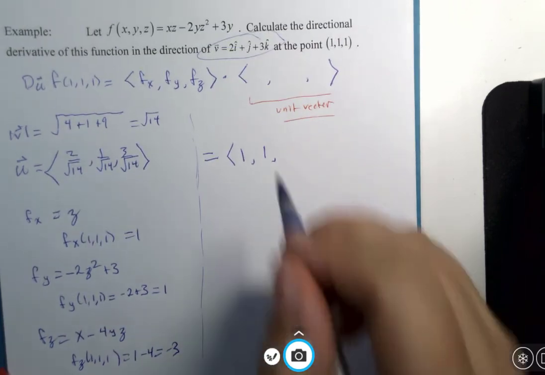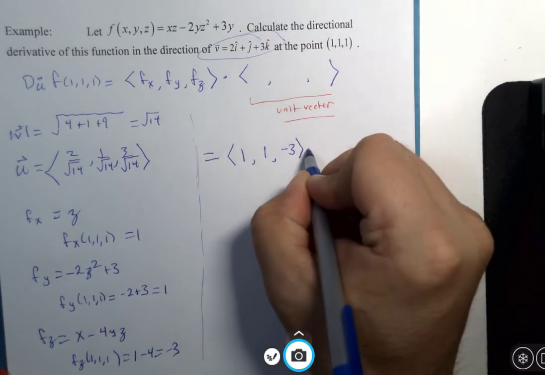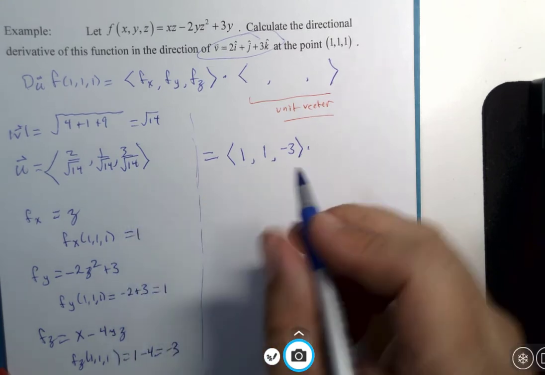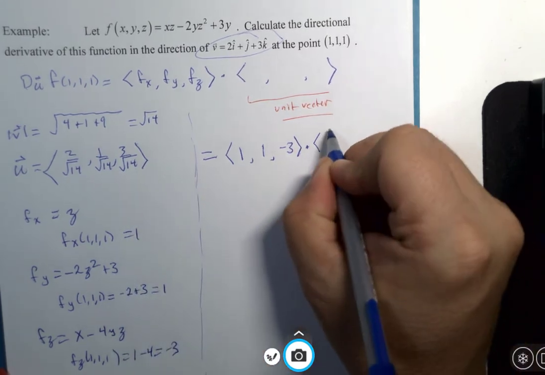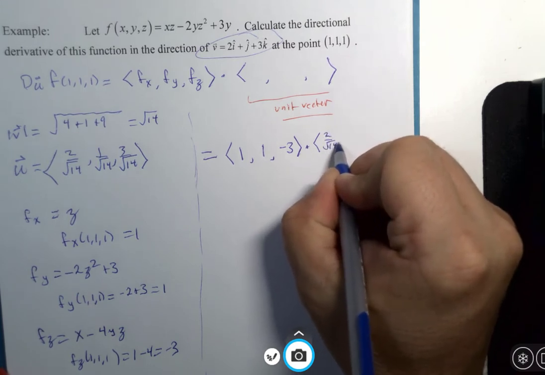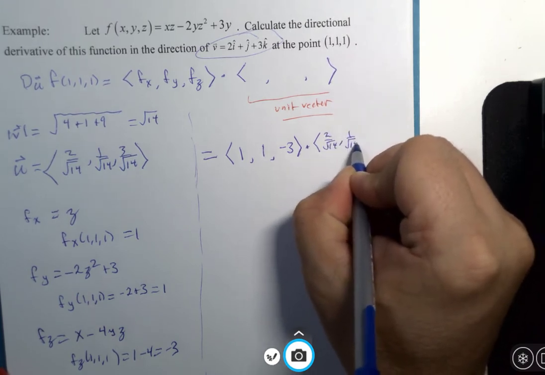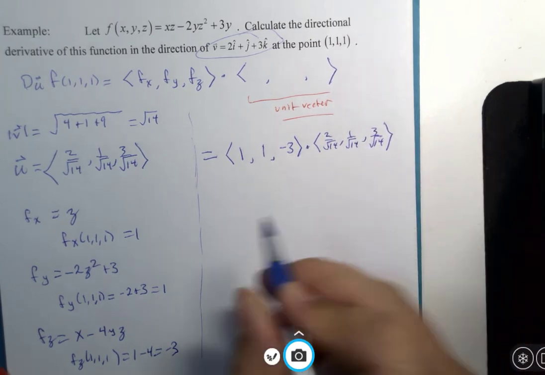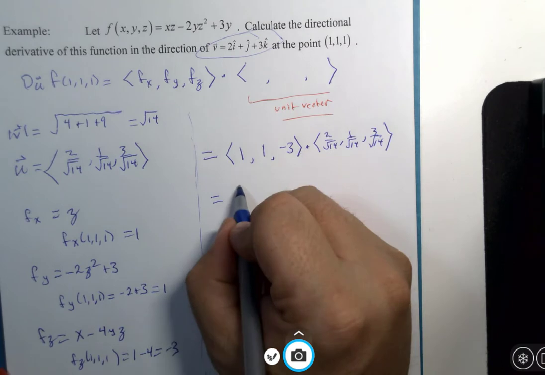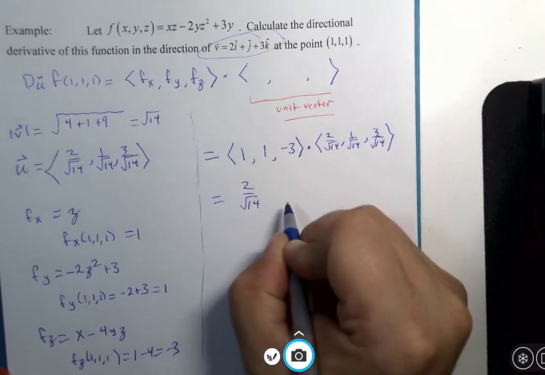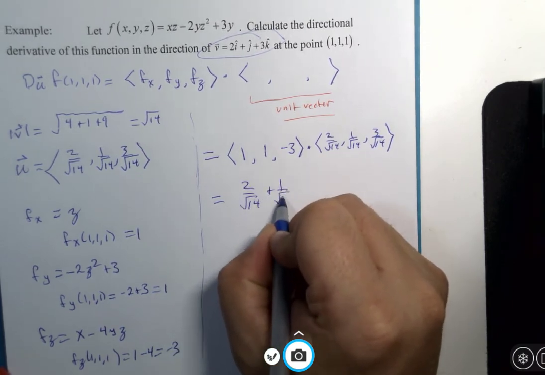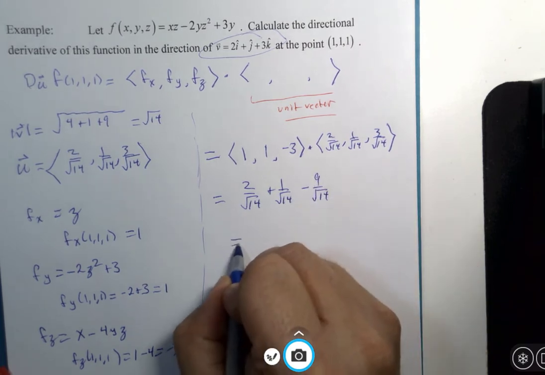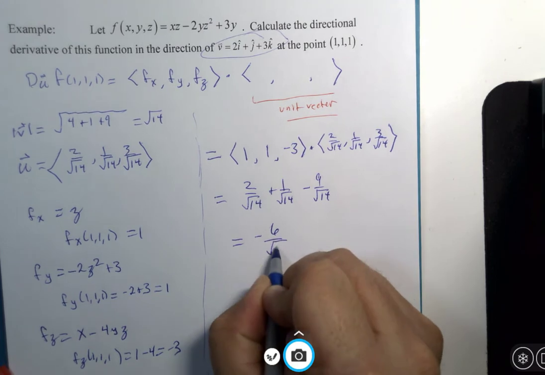Finally, something a little bit different. Multiplied, I should say, dot product, my unit vector, 2 over root 14, 1 over root 14, 3 over root 14. And that dot product will be 2 root 14 plus 1 root 14 minus 9 root 14, negative 6 over the square root of 14.